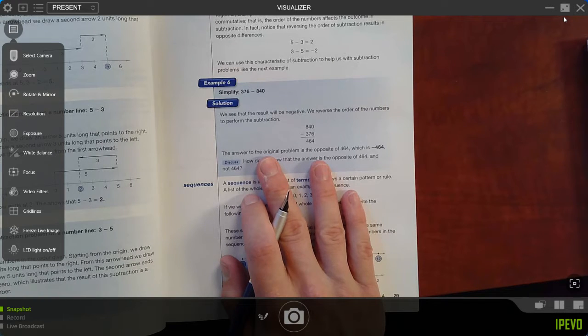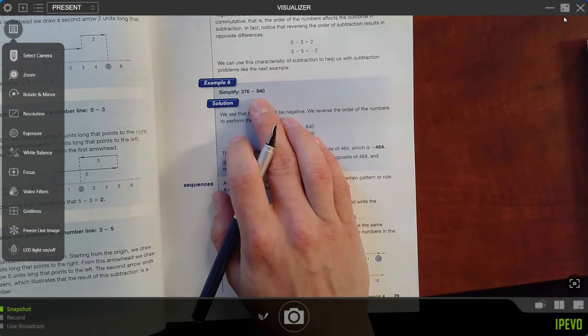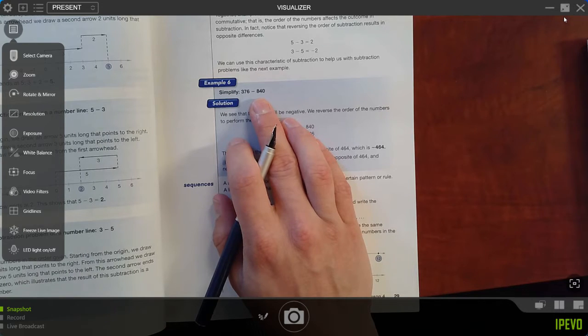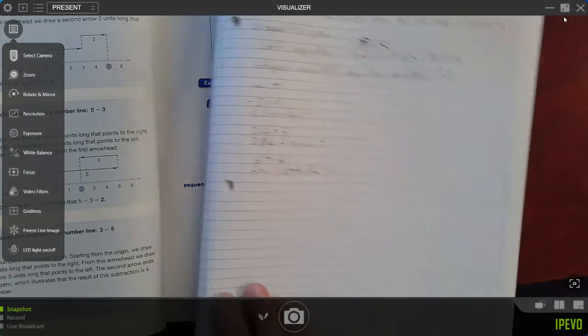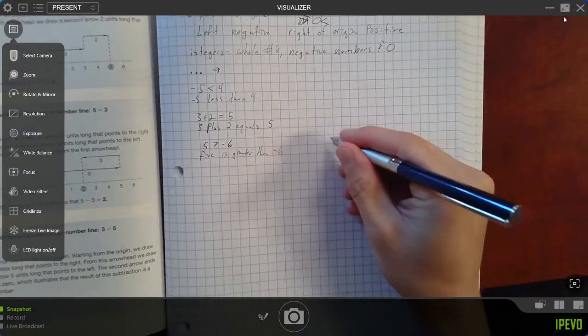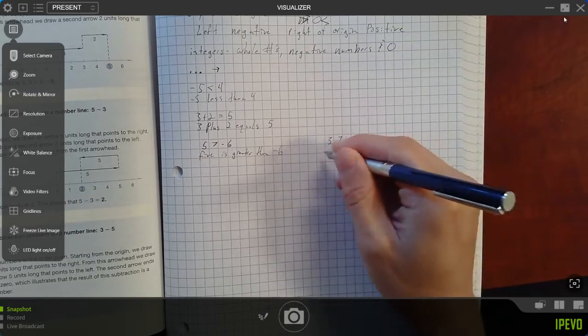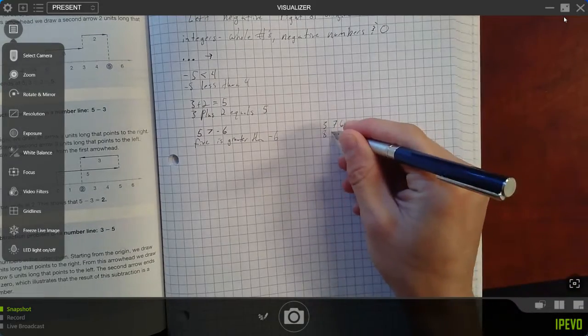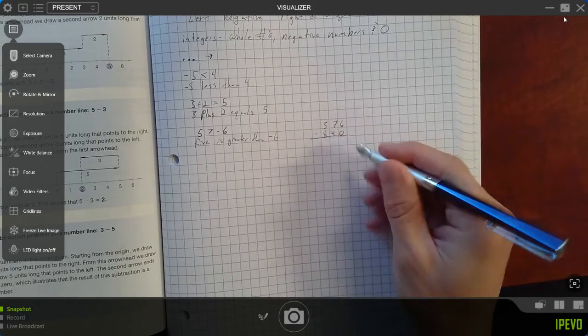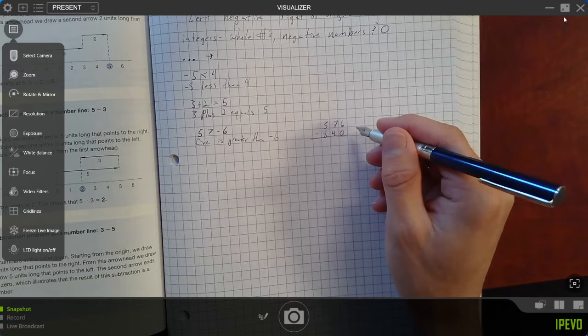When we're talking about negative numbers, right, 376 minus 840, you will not get the correct number if you try to do 376 and 840 and subtract this traditionally.